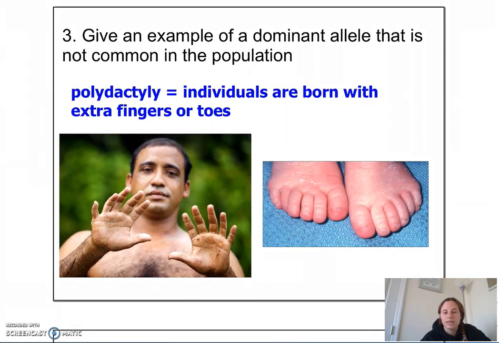That's a dominant trait. But because people with five fingers can only pass on the recessive trait of having five fingers, most of the population has five fingers. Next video, we'll talk about multiple alleles and blood types.